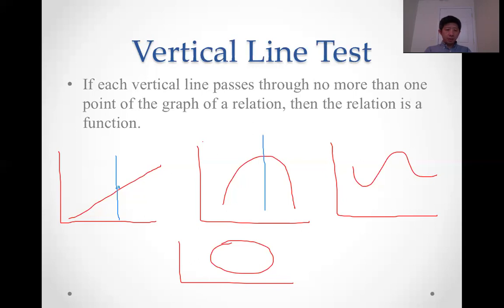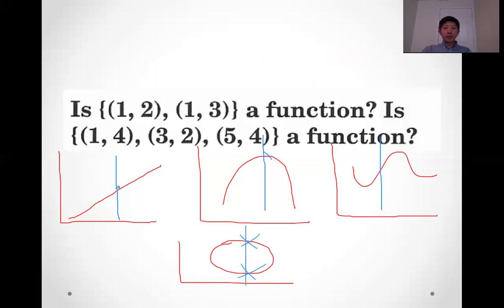Yes, only one point. How about this one? Yes, function. How about this one? No, the fourth is not a function because it meets one point and two points. So we use the vertical line test to find out whether it is a function or not.